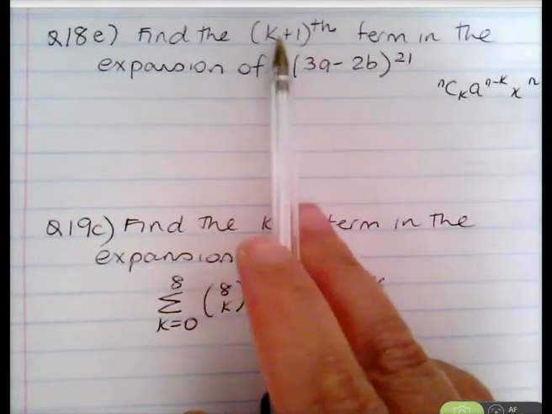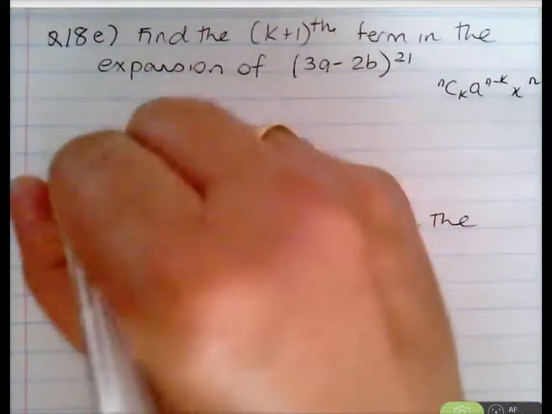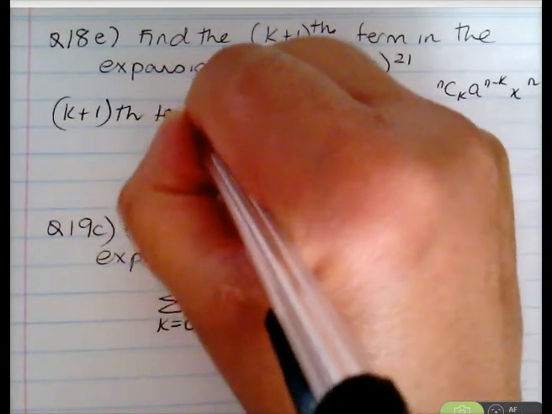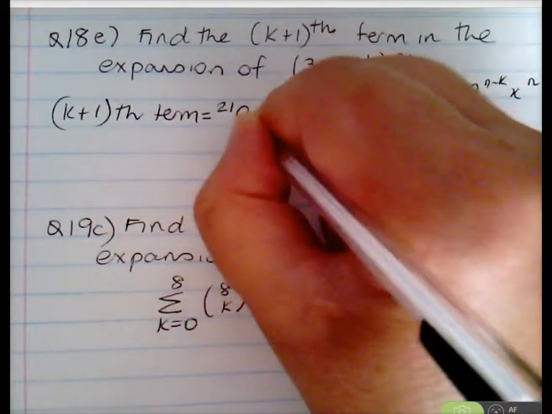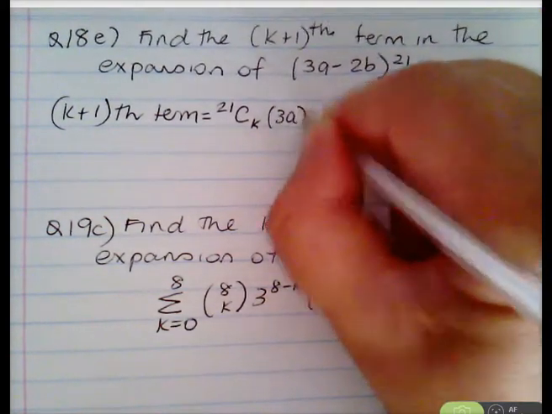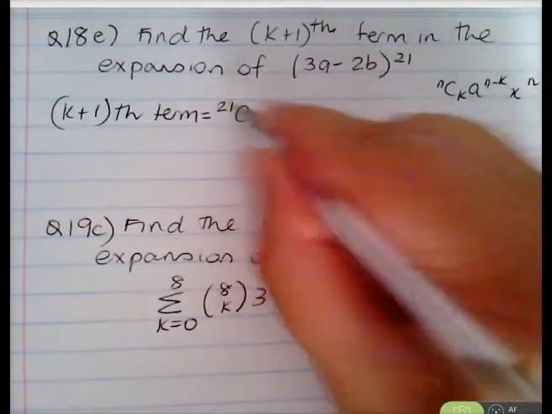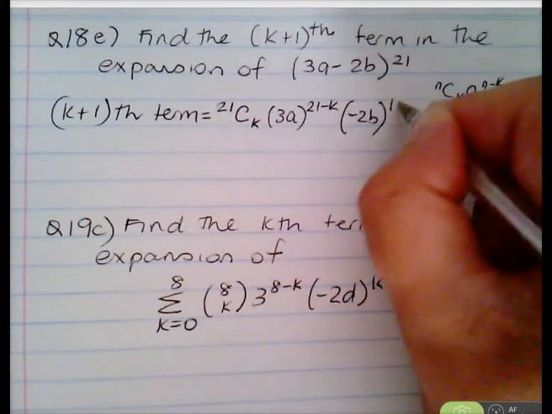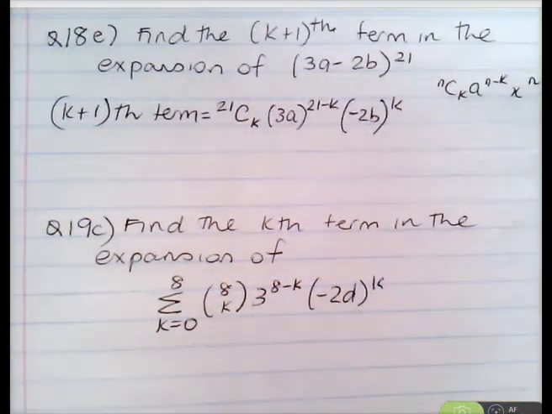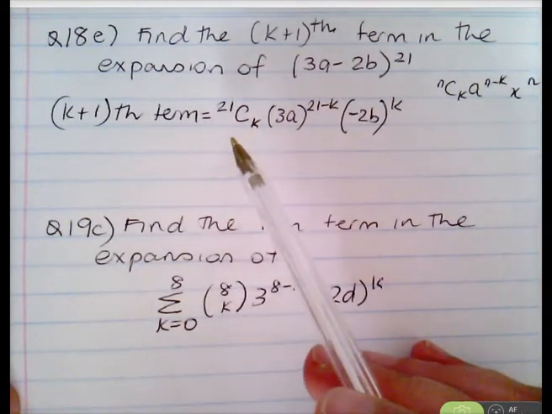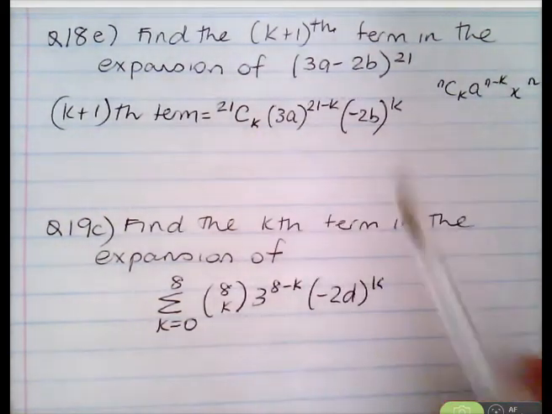That's the general formula for the (k plus 1)th term, so it's the easiest one to do. So it will be 21 choose k. A in this case is 3a, to the n minus k is 21 minus k, and times negative 2b to the k. So that is the (k plus 1)th term in that particular expansion.